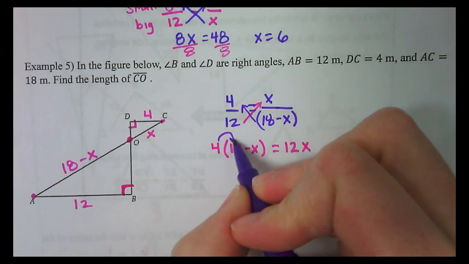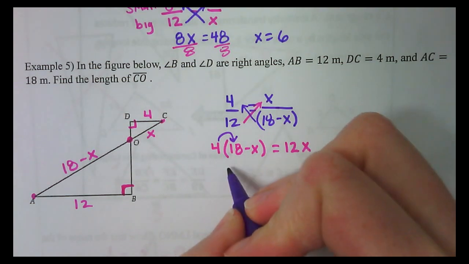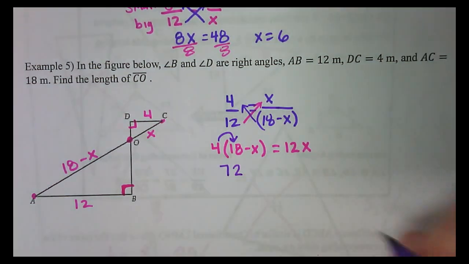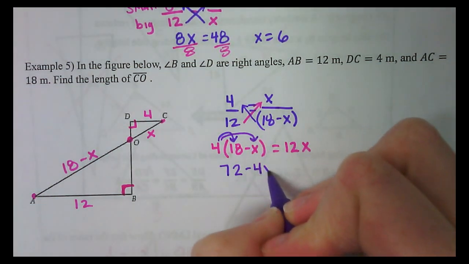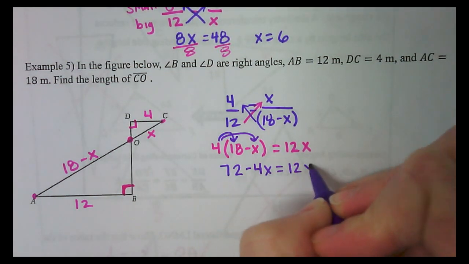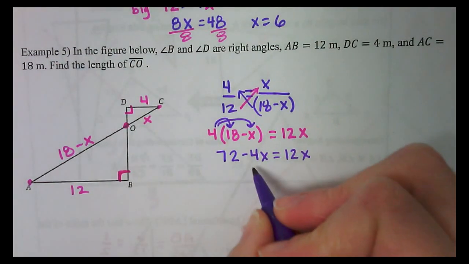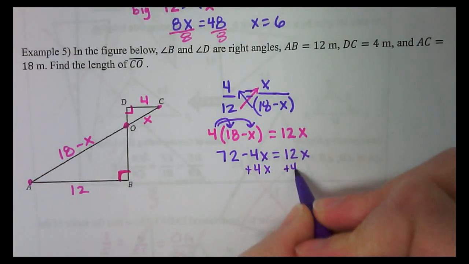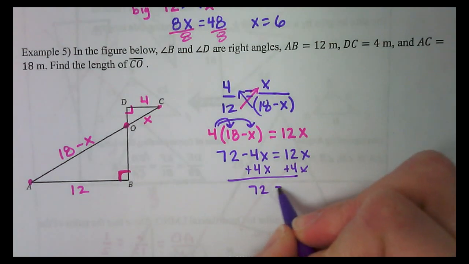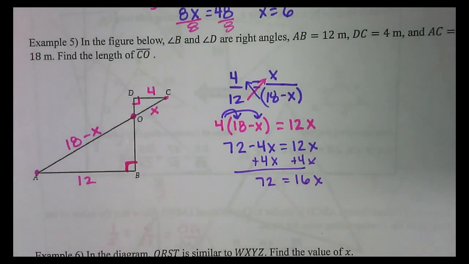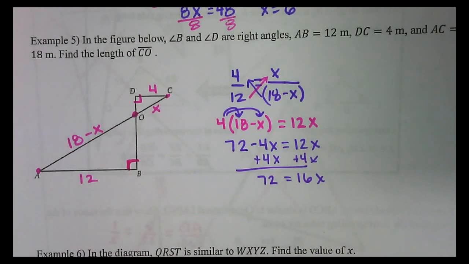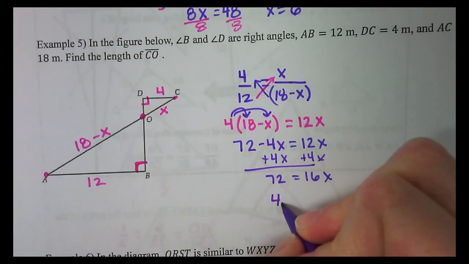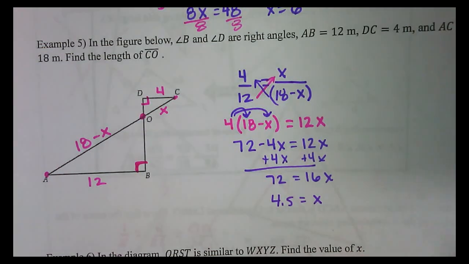Here we're going to have to distribute, so it's 4 times 18, which is going to be 72, and 4 times negative x, which is going to be negative 4x. To solve, we would add 4x on both sides, and we get 72 is equal to 16x. And we'd have to divide. So we're going to get 4.5 is x.